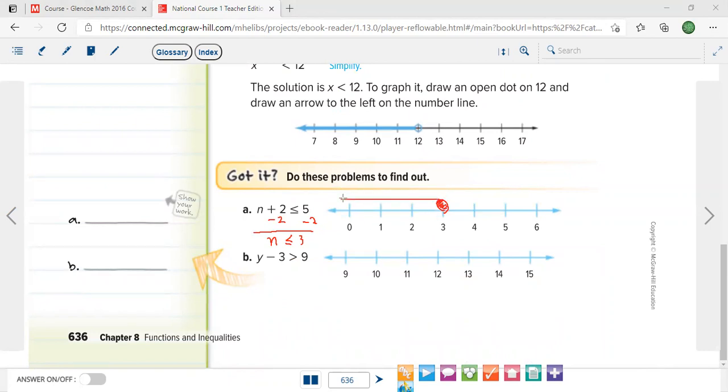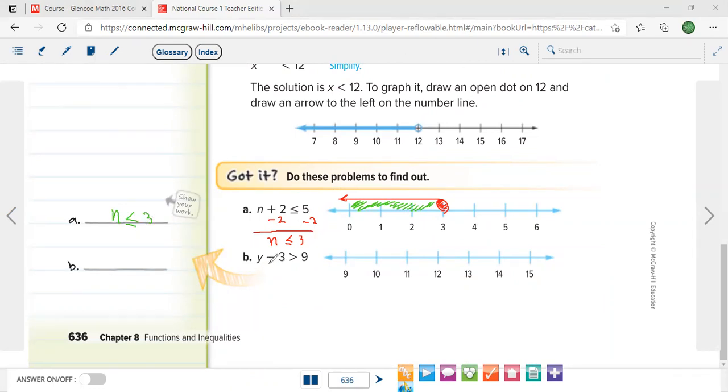Smaller than, we'll go to the left, and we will shade all the part to the left of 3. So in problem A, n is smaller than or equal to 3.